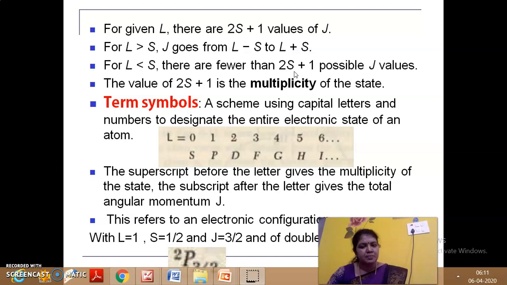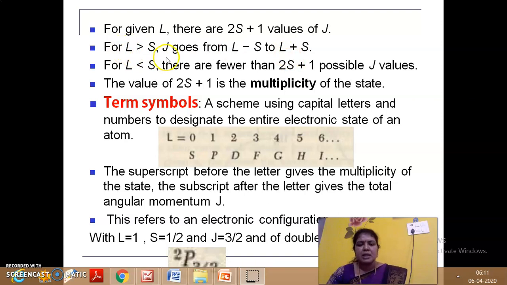Whereas in JJ coupling, L1 would add up with S1 to give J1, L2 would add up with S2 to give J2. So all these individual J1, J2, J3 would add up to form the complete J. Here magnetic spin-orbit coupling is stronger than the electrostatic coupling.